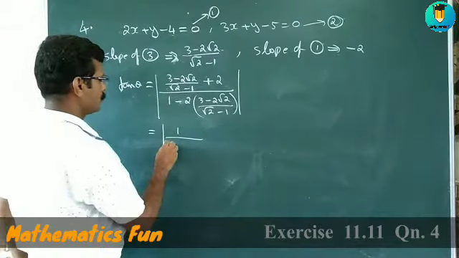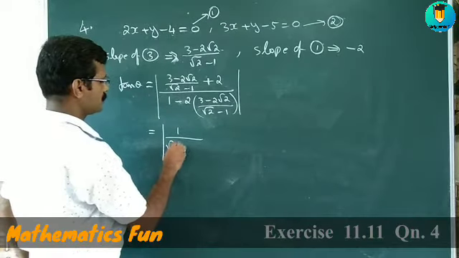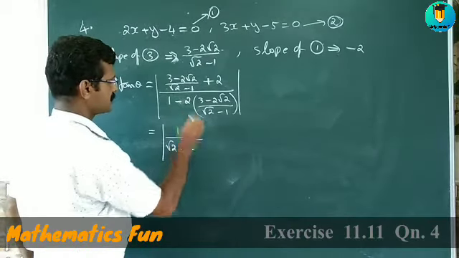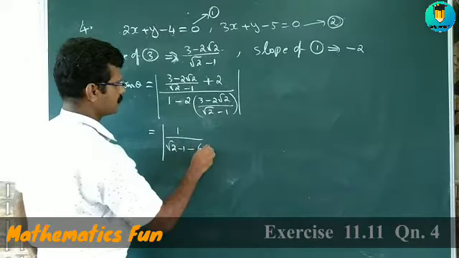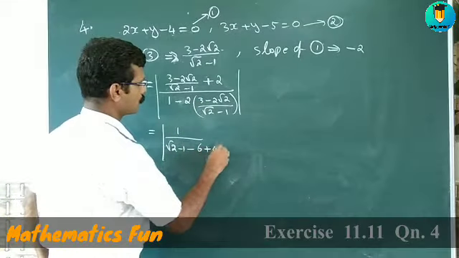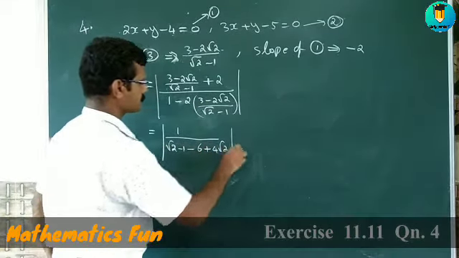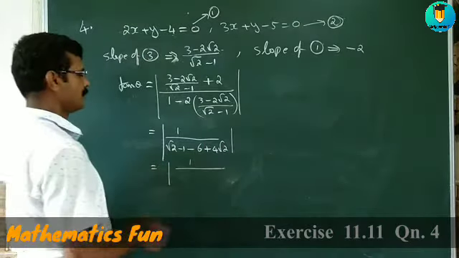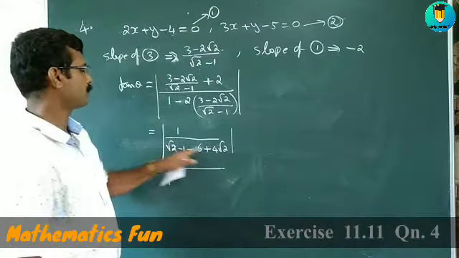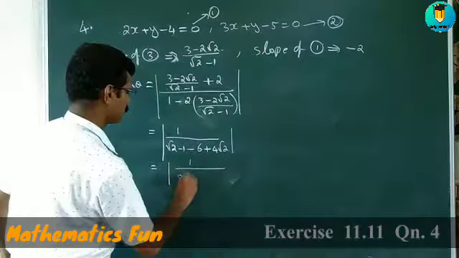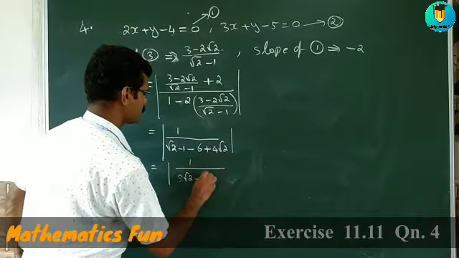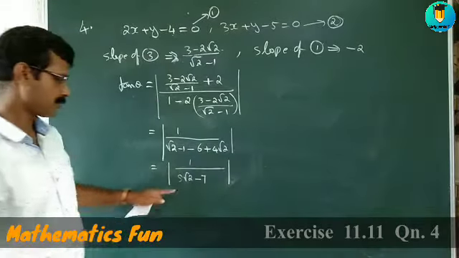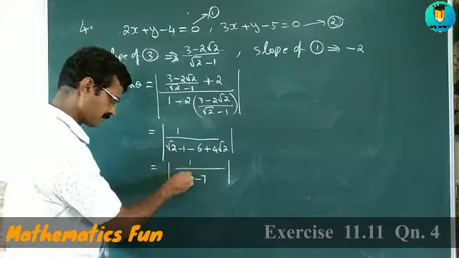So here it will come root 2 minus 1. If I send this inside, 6 plus 4 root 2. So that is 1 divided by root 2 plus 4 root 2, that is 5 root 2 minus 7.